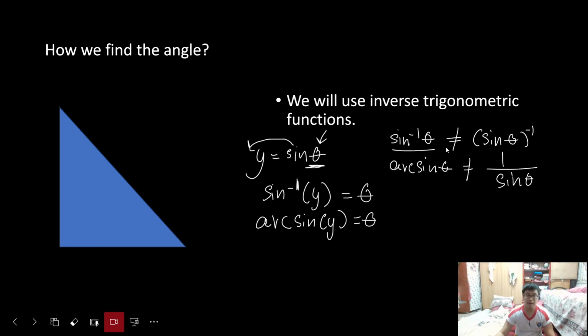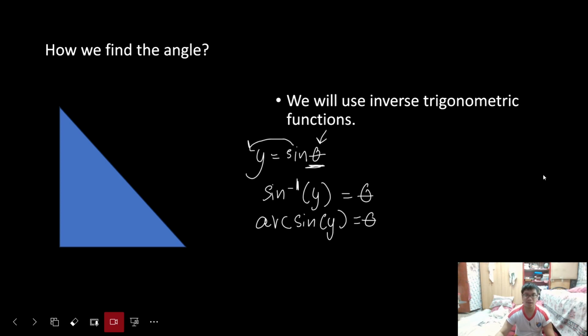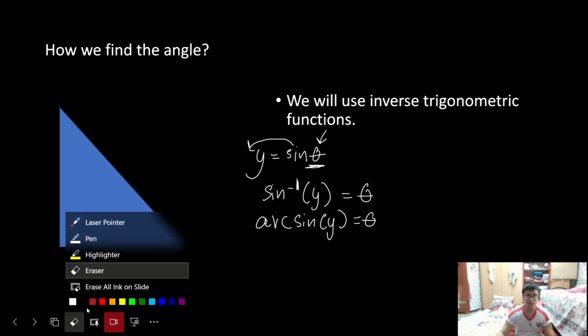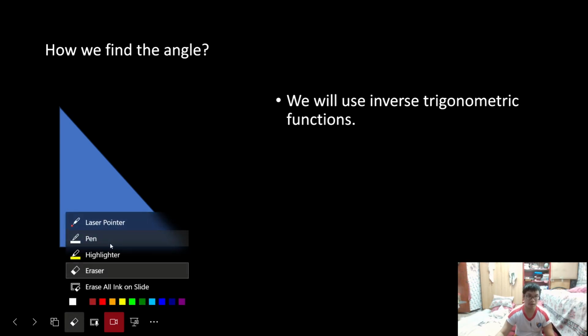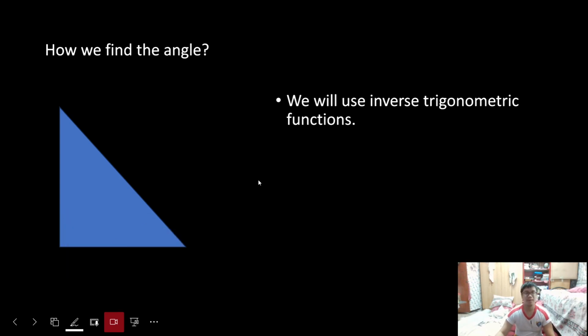So you get the idea of how we get the angle, which is by using the inverse trigonometric functions. Let me give you some examples. We will be applying the six trigonometric ratios. Remember that for sine, we have the ratio of opposite all over hypotenuse. Now let's find the angle.